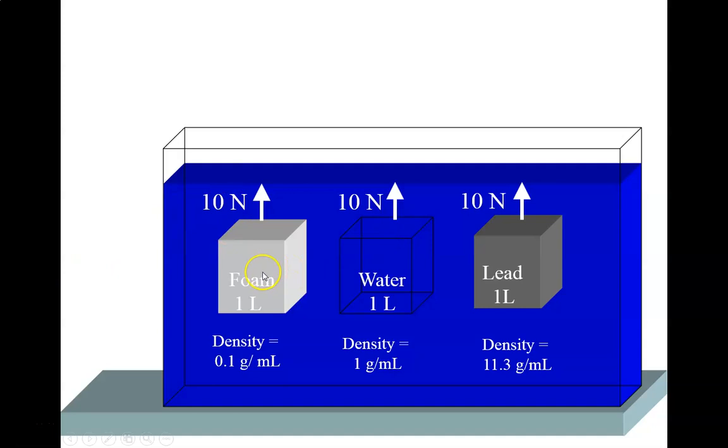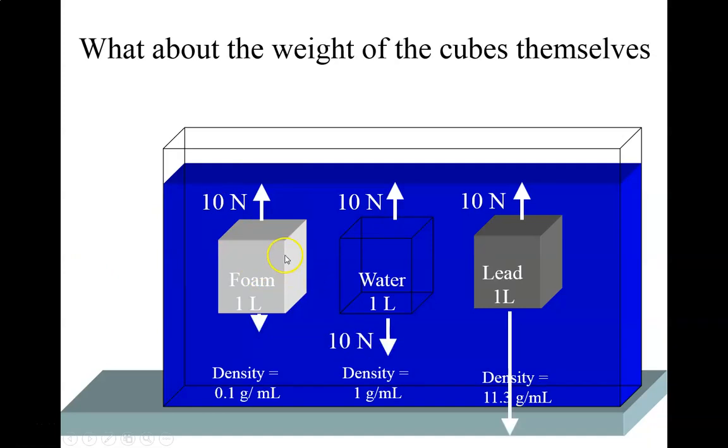Now we're going to compare the force of gravity pulling down on these. For a piece of foam, the foam weighs less than the 10 newtons of water pushing it up, which means it's going to rise. If it's less dense than water, it's going to weigh less than the buoyant force pushing it up, so it's going to float.